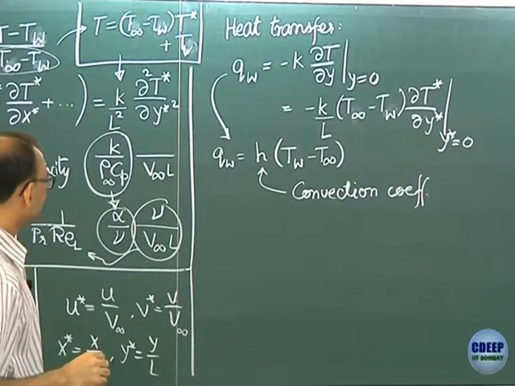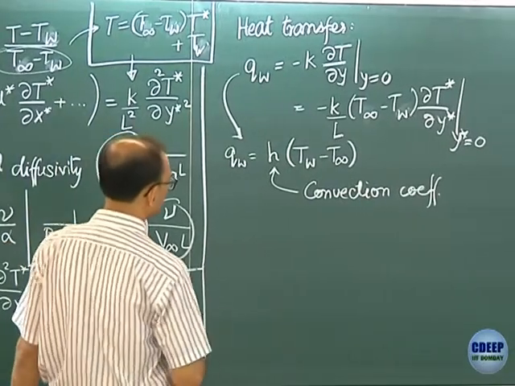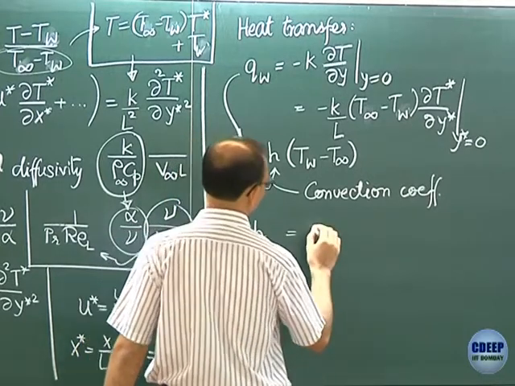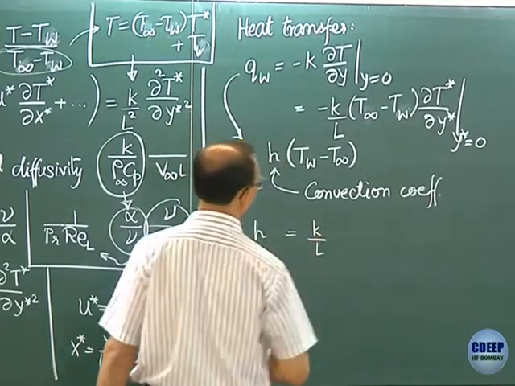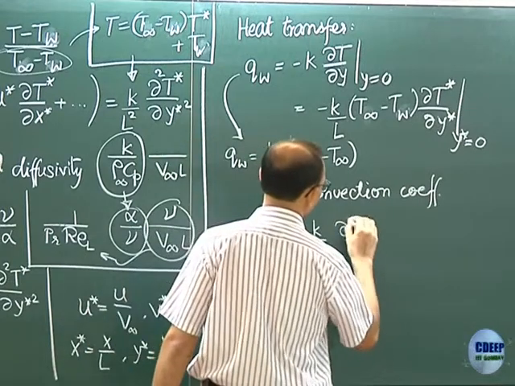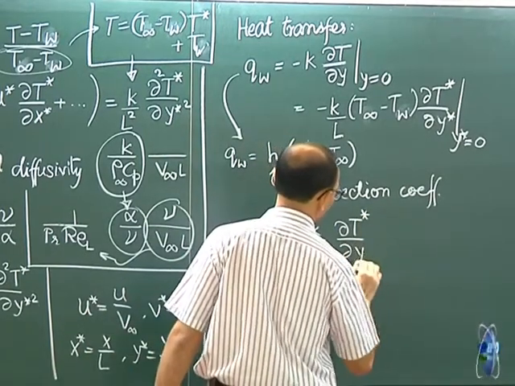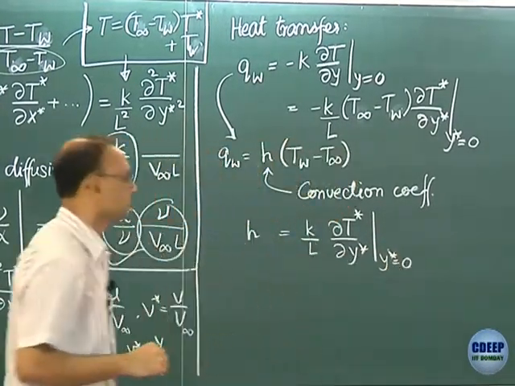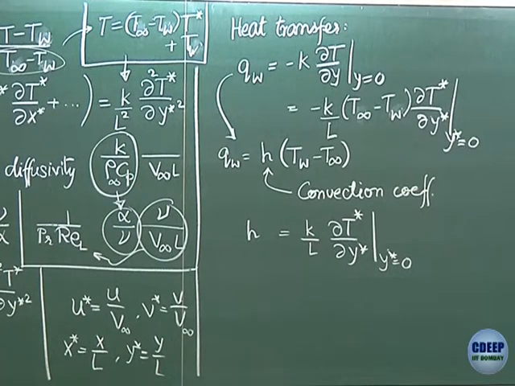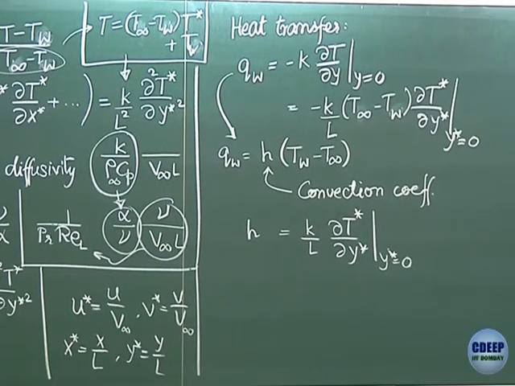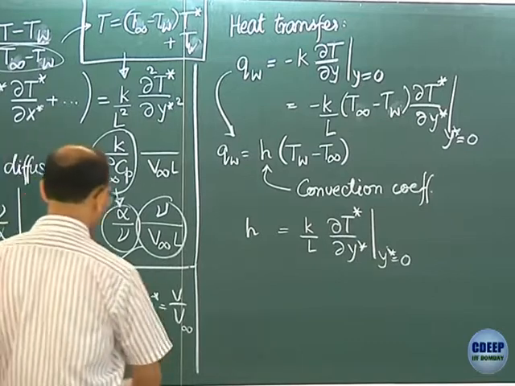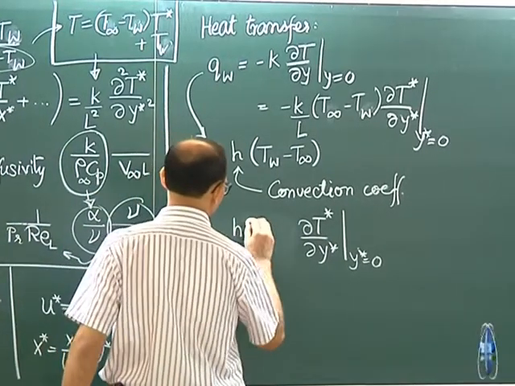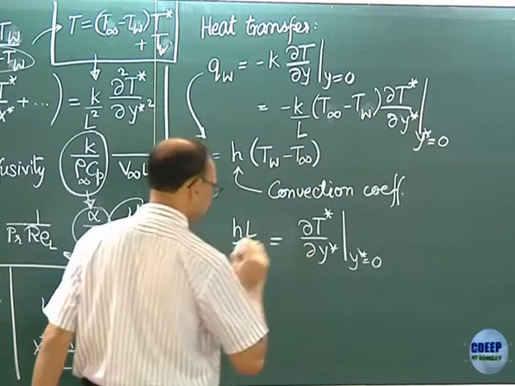And if you plug these things in, what you would get is H equal to K over L, right, you can see through. And we are doing this to get a slight modification, HL over K equal to this.